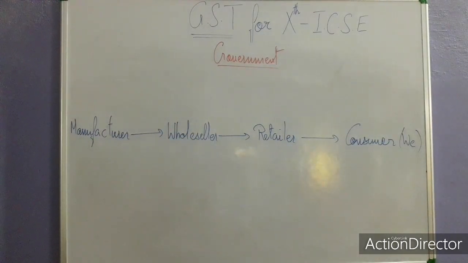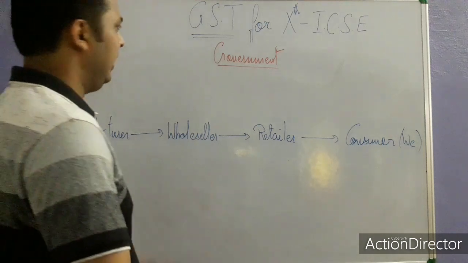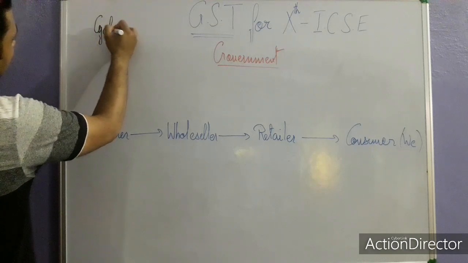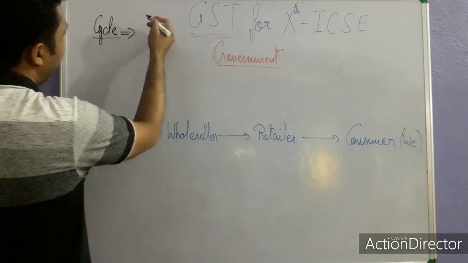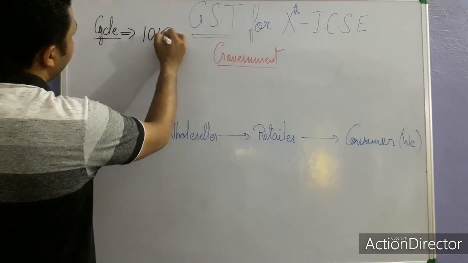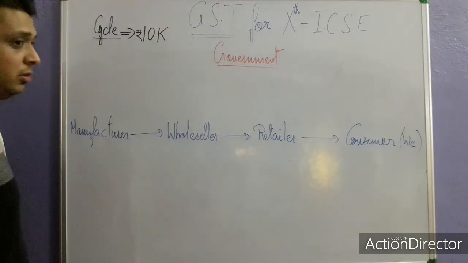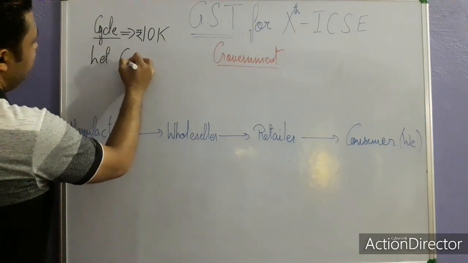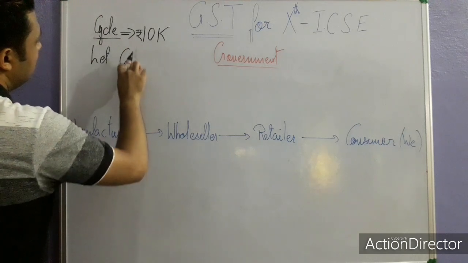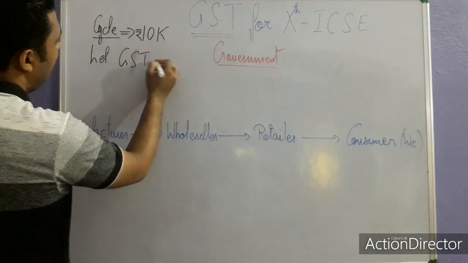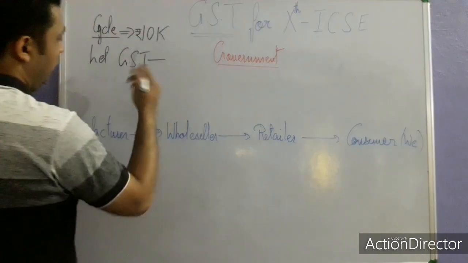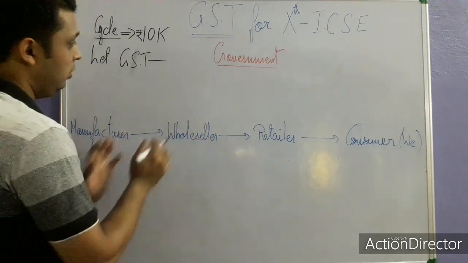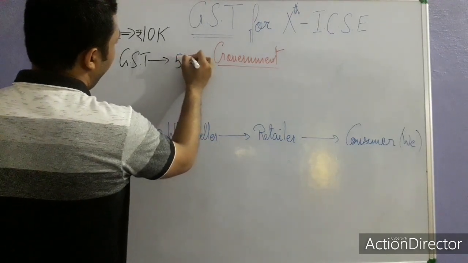Clear? So as we have taken a case of cycle, let us say a manufacturer manufactures a cycle, and the cost of that cycle is say 10,000. Clear? And let GST on that cycle, when the cycle was sold to the wholesaler, be 5%.